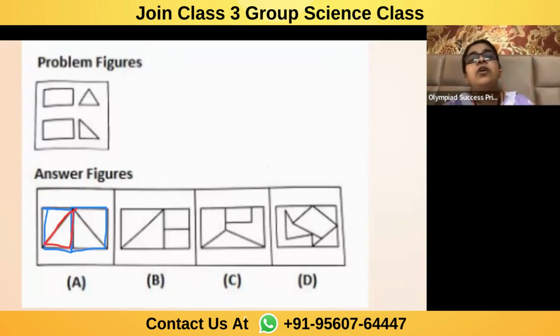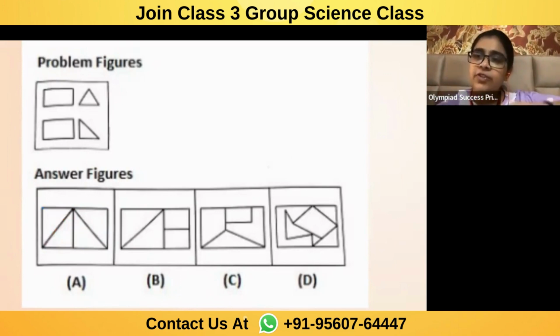That will still be overlapping. So we don't have to put one figure over the other, Leelakant. We are not supposed to put one rectangle over the triangle or a triangle over another triangle or any figure. We are just sticking them with each other.